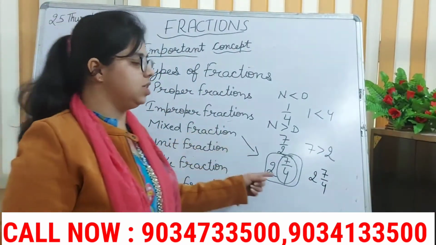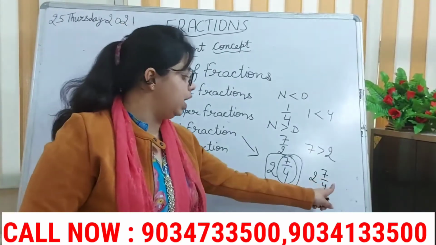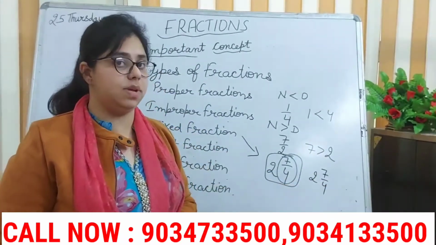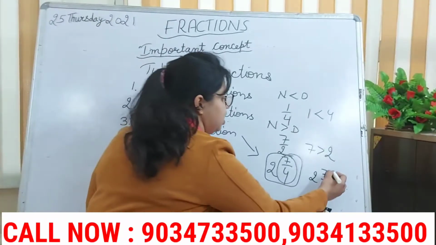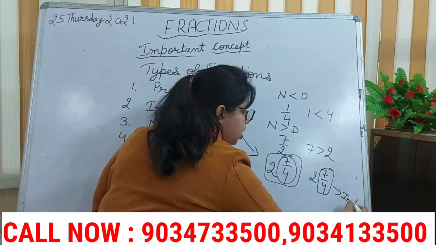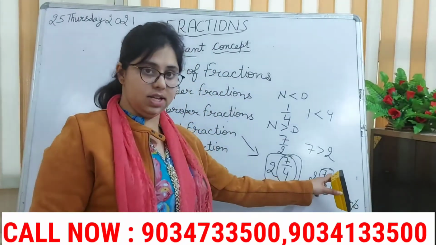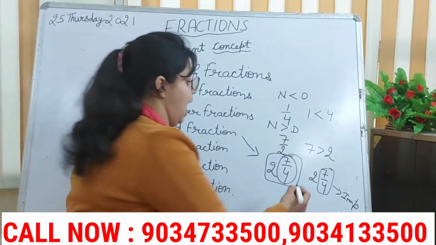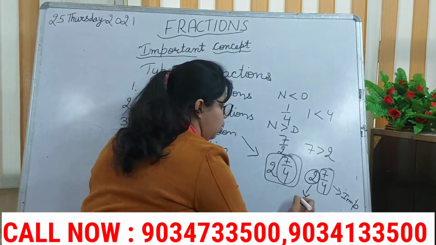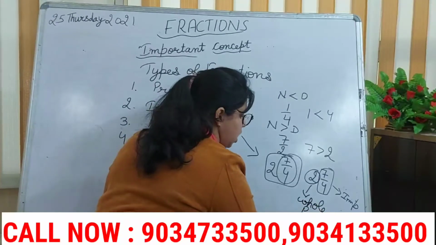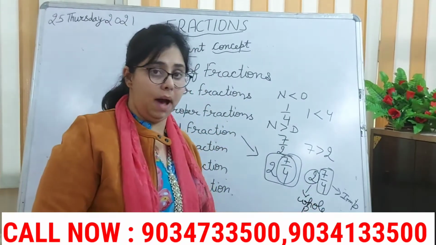This mixed fraction, when is it formed? When we combine an improper fraction and a whole part, then which fraction do we get? Mixed fraction. You clearly see here 7 by 4 is our improper fraction, because here 7 is greater than 4, meaning the numerator is greater than the denominator, and this 2 is our whole part. So mixed fractions are formed when we combine a whole part with a fraction.